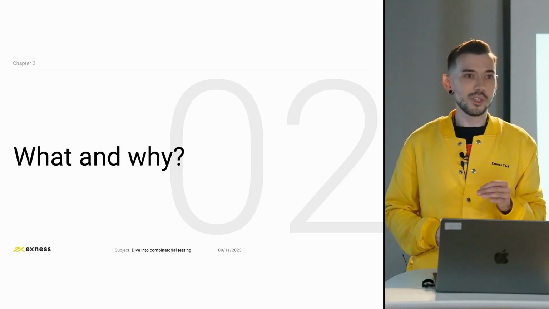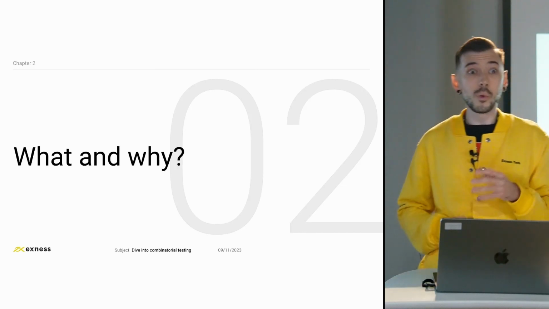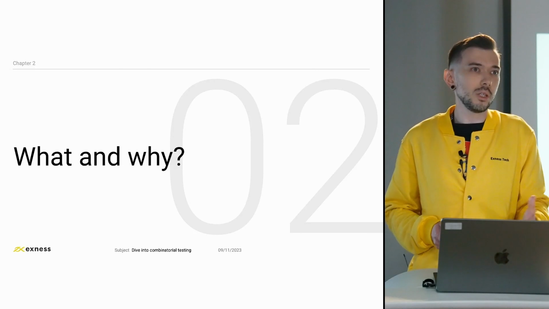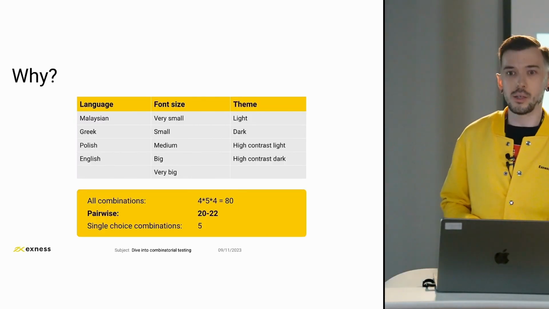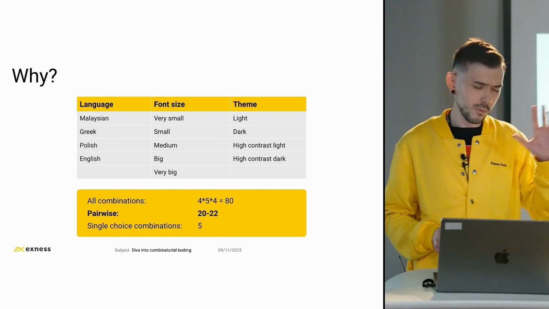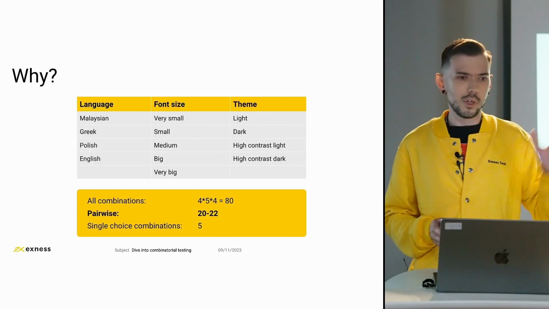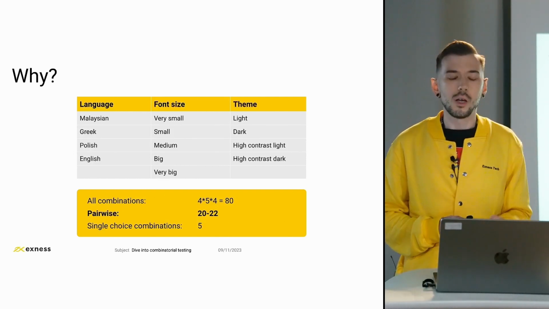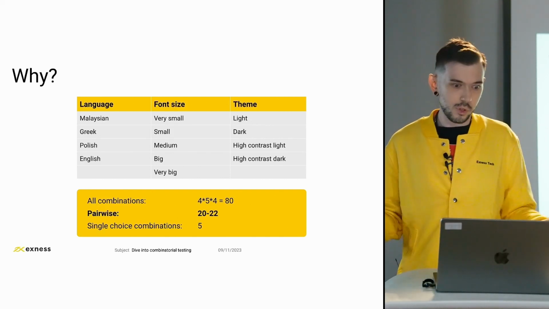We will talk a bit deeper about pairwise and other combinatorics that we can use on our projects. So the question is what it is and why do we need this? Yeah, the basics. Say we have a web page with options like language, font size, etc. We have a lot of options how to combine these inputs into our system.